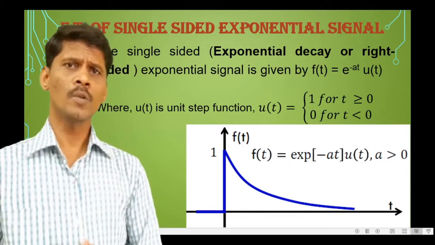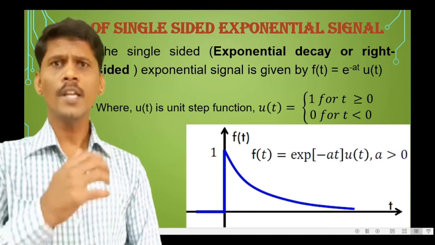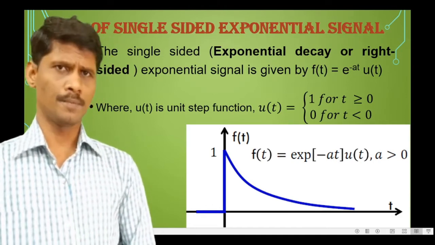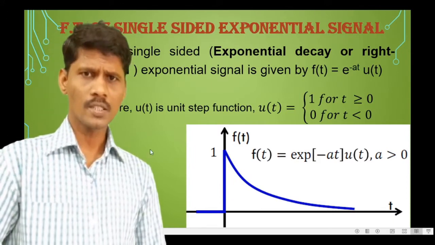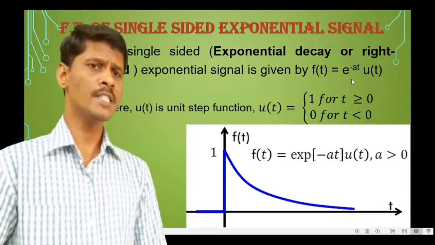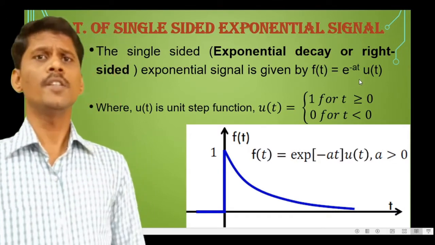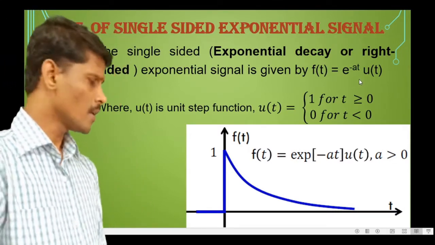Now we have to determine the Fourier transform of e power minus at u of t. The given signal x of t or f of t is e power minus at u of t.